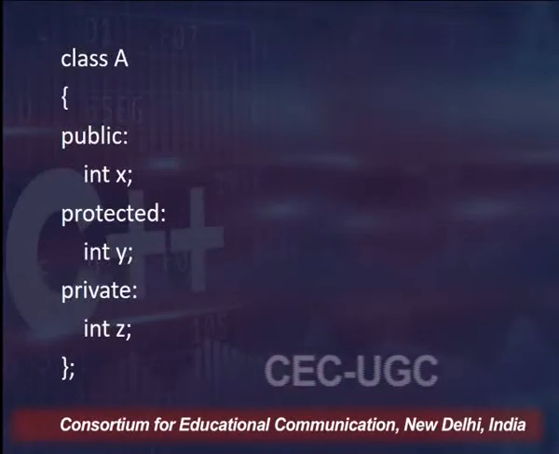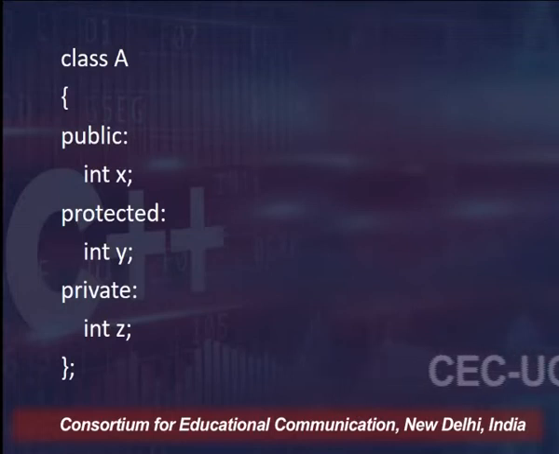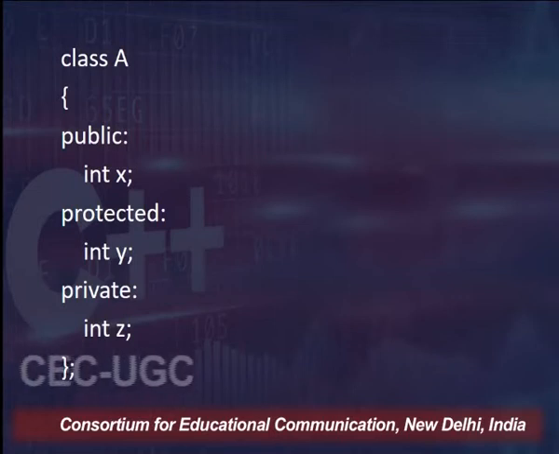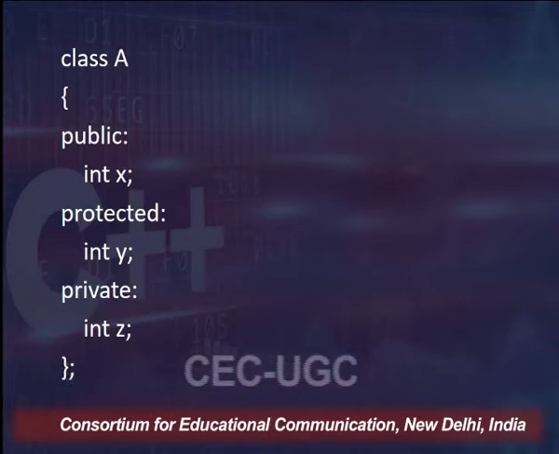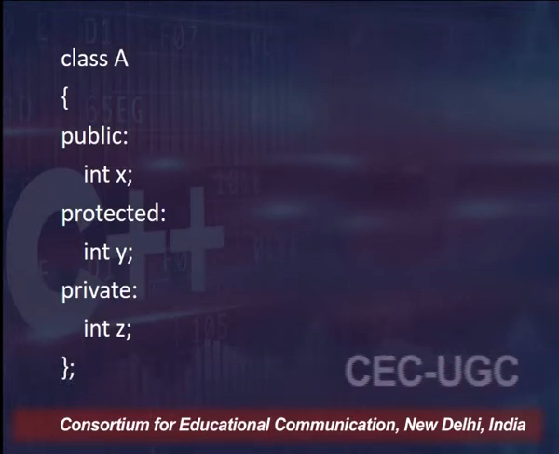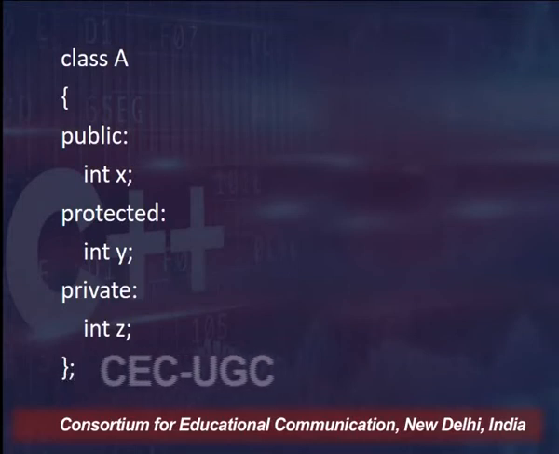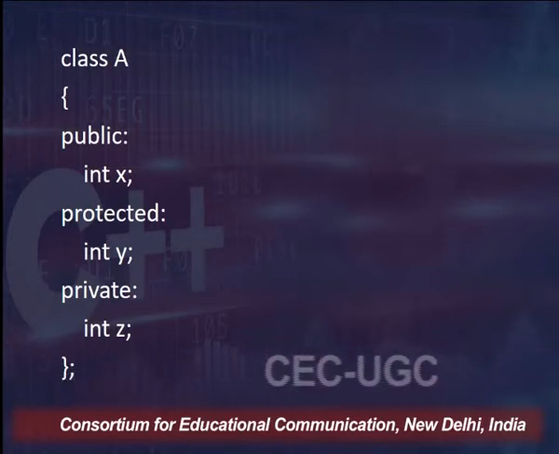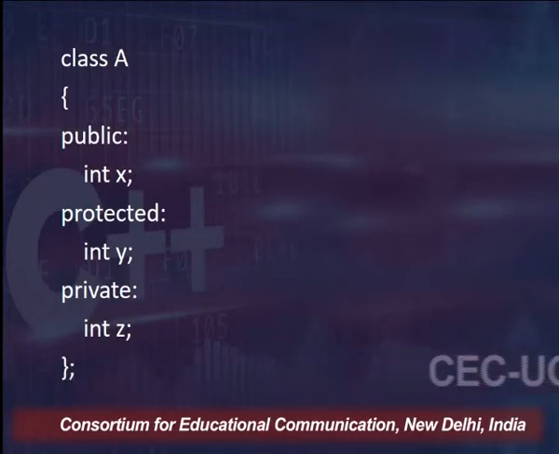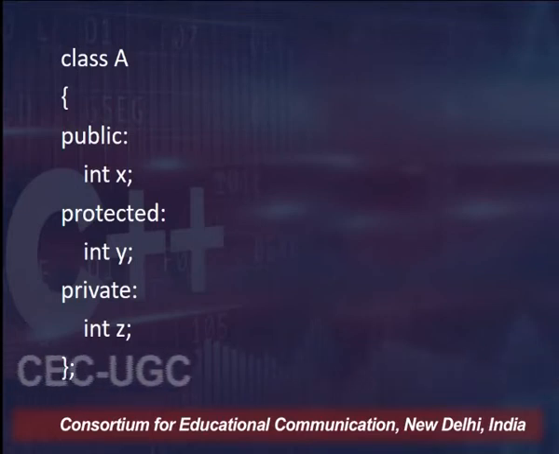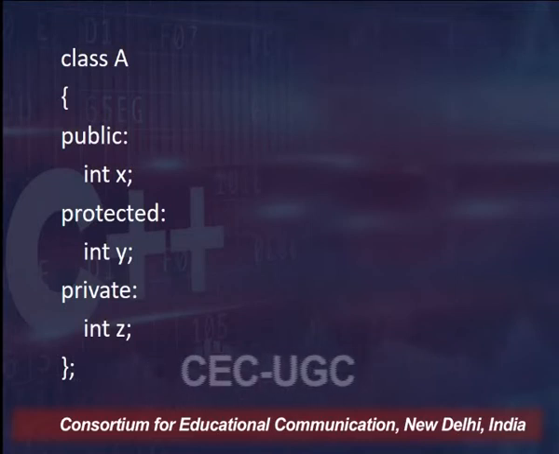So we have one class, which is class A. It has one public member X, one protected member Y and one private member Z. We are going to inherit this class A into class B, class C and class D with three different modifiers.